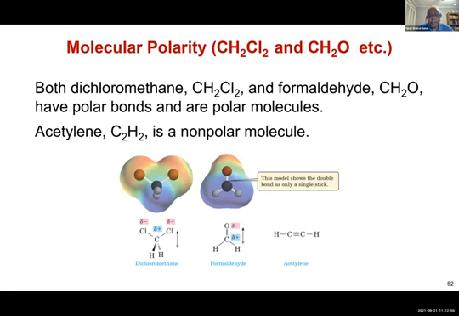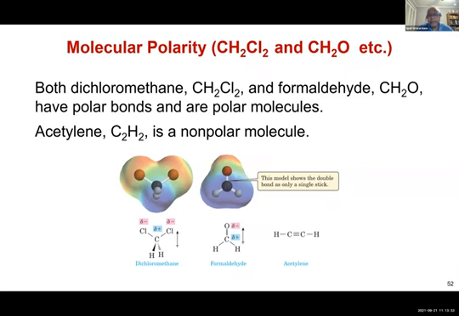So, for example, methylene chloride is a paint stripper that we use to strip paint from furniture, CH2Cl2. There's an overall adding up of chlorine, hydrogen, chlorine polar poles with each other, creating a resultant polarity in the molecule.